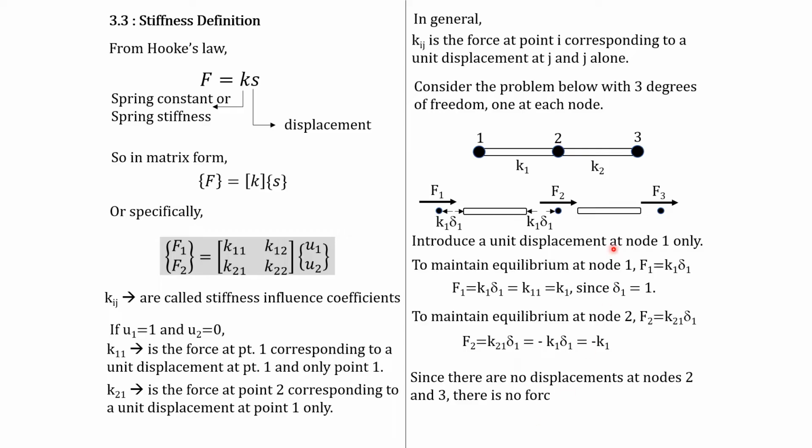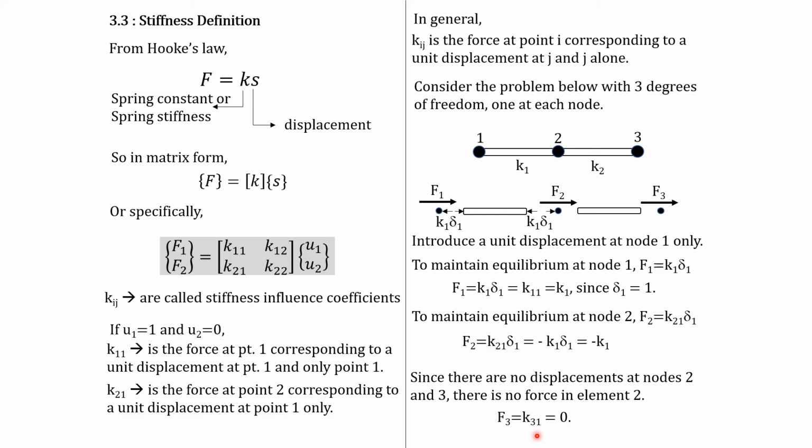Since there are no displacements at nodes 2 and 3, there is no force in element 2. If you look at this free body diagram of element 2 here, there are no forces because there is no displacement at node 2 as well as at node 3. So F3, which is equal to K31, equals 0.